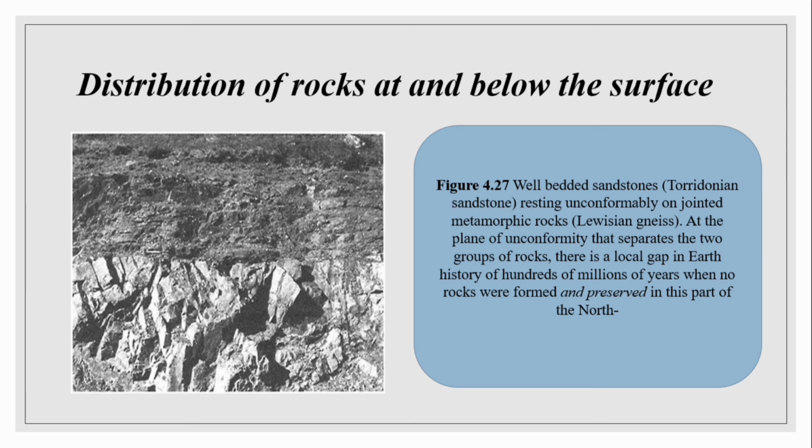Figure 4.27 shows sandstone resting unconformably on metamorphic rocks at the plane of unconformity that separates the two groups of rocks. There is a local gap in Earth history of 100 million years when no rocks were formed or preserved in this part of the North.